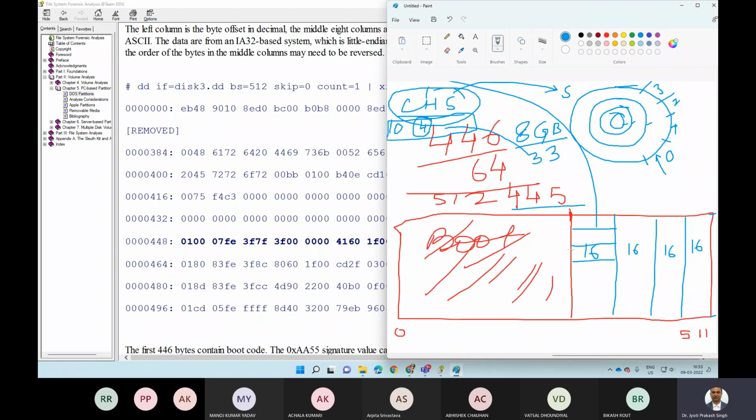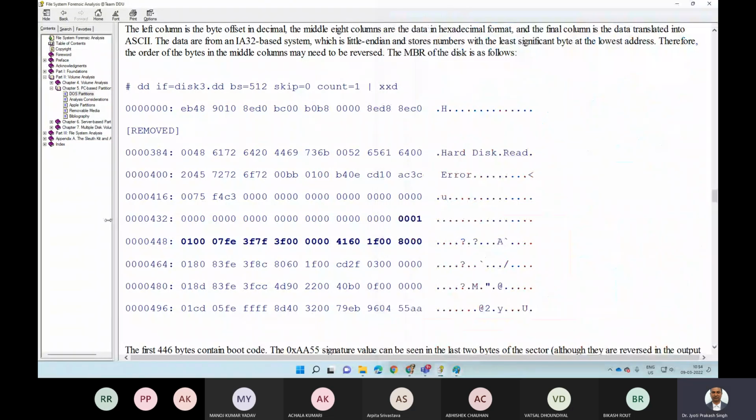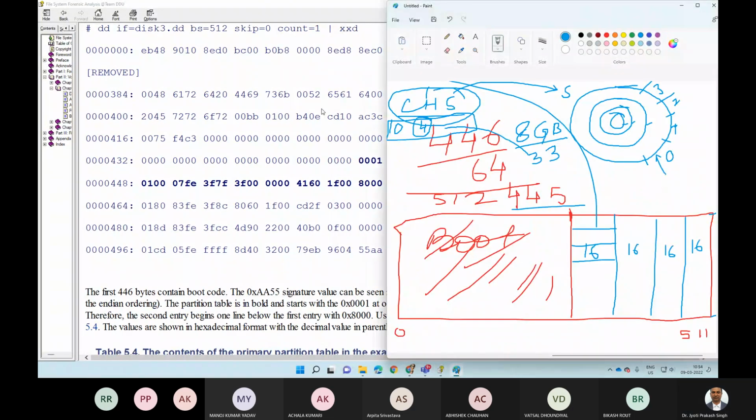So 384, 385, 386, up to 399, and then 400, which goes to 415, and then 416, and we need to go up to 445.